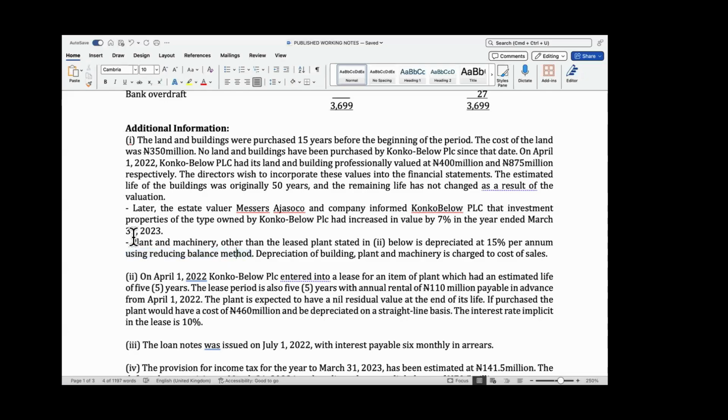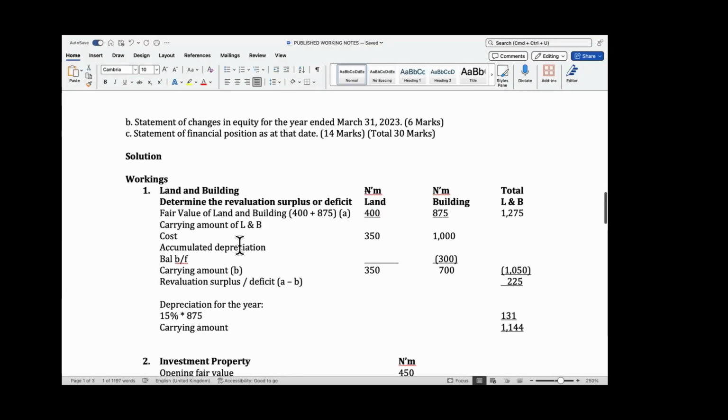In fact, I'm just reading this thing again. They said plant and machinery other than lease plant is depreciated using the reducing balance method. Depreciation of building, plant and machinery is charged to cost of sales. Nothing states here that we should depreciate this building using the reducing balance method. This 15% that we did will not fly.